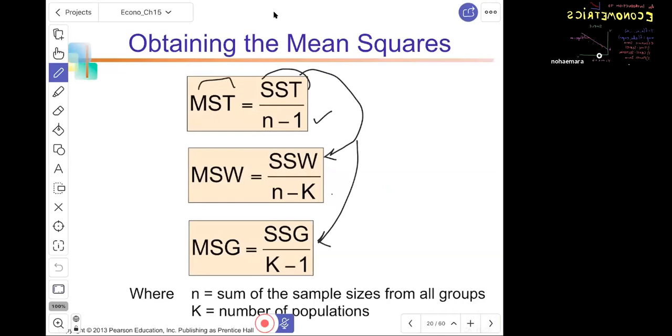And each one, as I said in the previous slides, is divided by its own degrees of freedom. So if this sum of the squared total is divided into within and between groups, then I might be interested in knowing which one is bigger. Is the variation within each group, like within the freshman, within the sophomore, within the junior, more important, or is the variation of the score between the groups more important?